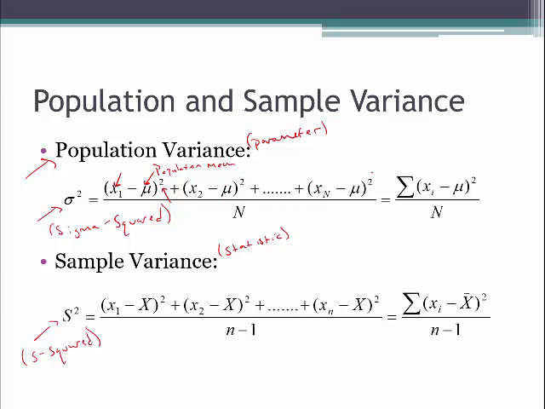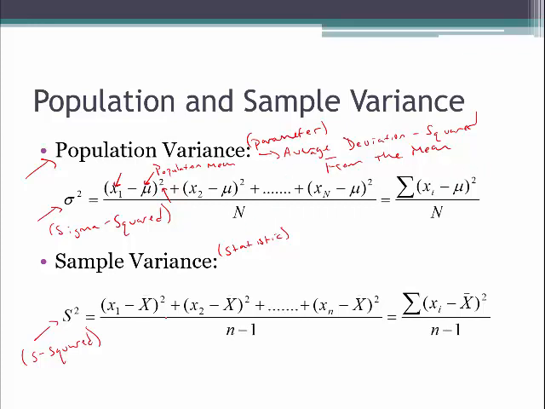You subtract away the mean, and you square it. And then you divide by how many there are, n. So this is the sum of all the x values minus the mean squared, divided by how many there are. Really what the variance is telling us is the average deviation squared from the mean. We're going to undo the square in a little bit.